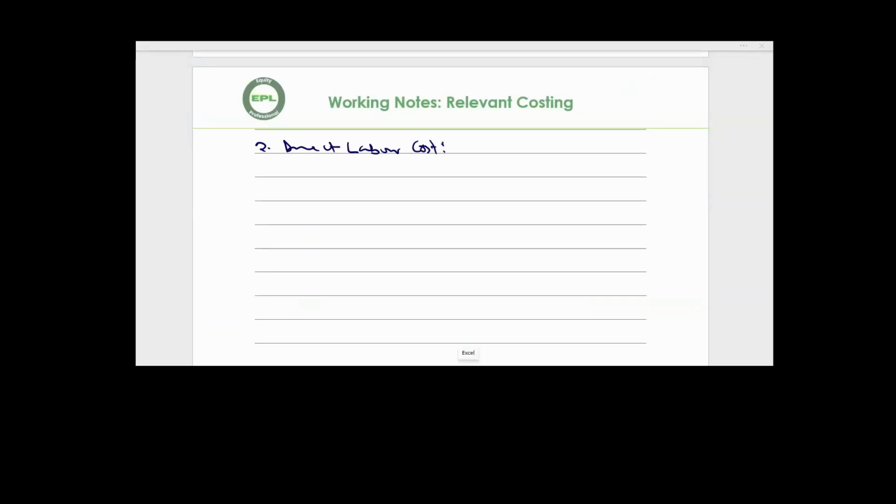Extra labor will need to be recruited to the other project at a cost of 70,000 naira. And we said that that 60,000 naira is irrelevant because irrespective of the decision taken on project X, the company will surely pay the workers that 60,000 naira. However, the extra labor cost of 70,000 naira is relevant. So let's state that.